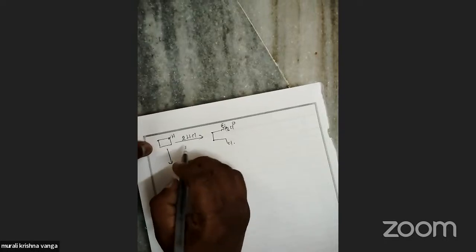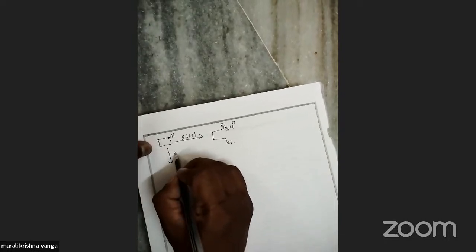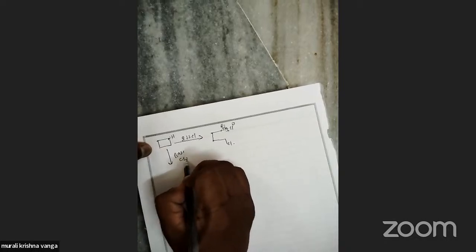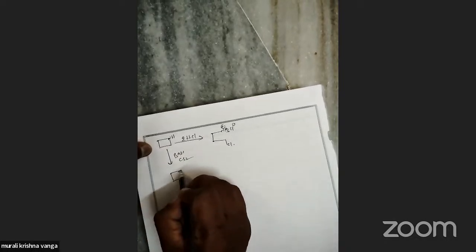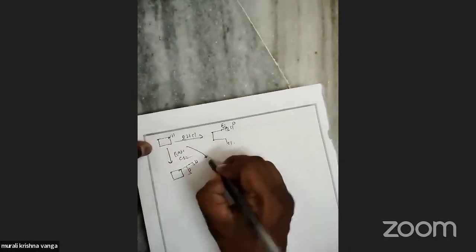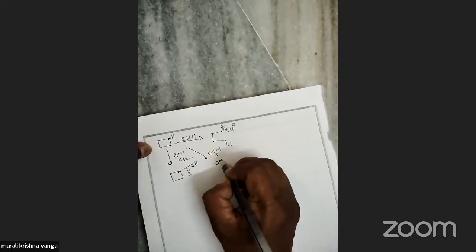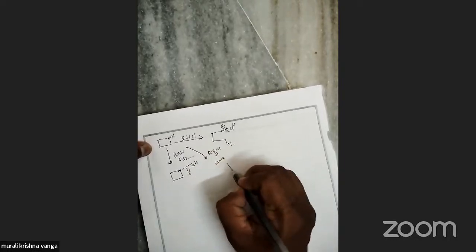When reacting with base followed by carbon disulfide, it gives C double bond SH. When it reacts with acyl chloride in the presence of base, acylation takes place on the nitrogen atom.